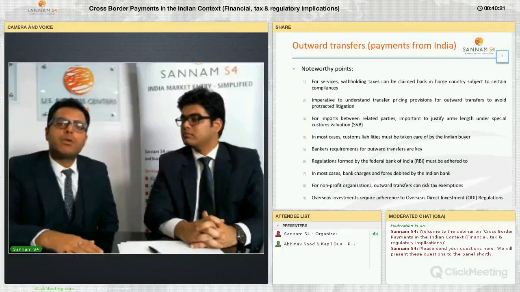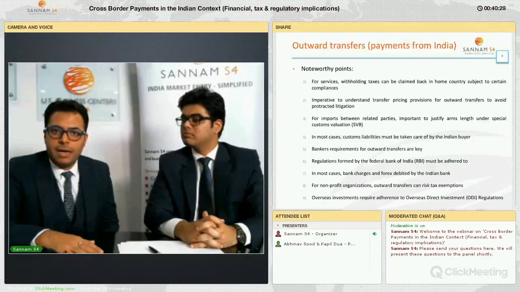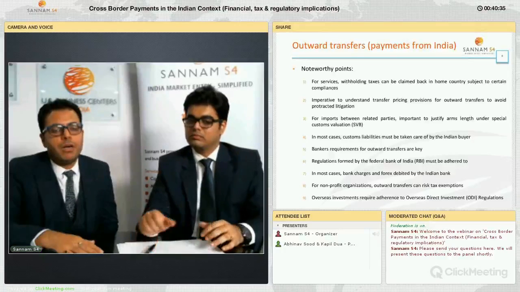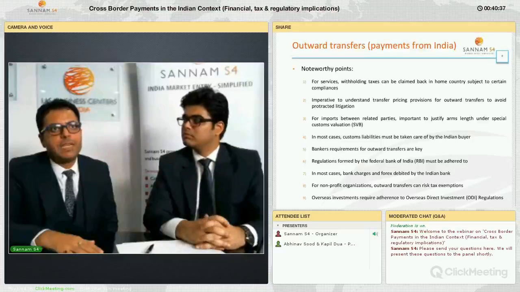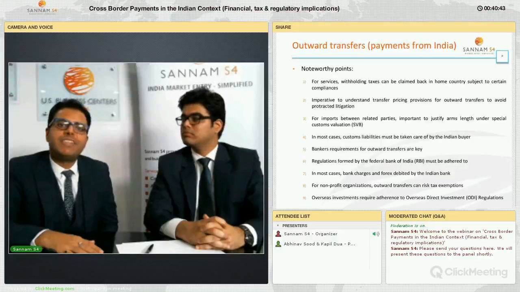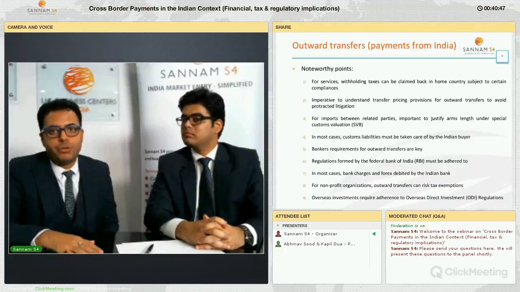So whenever a payment goes from the Indian company as equity capital for the further down-level subsidiaries in other regions out of India, it has to be as per the overseas direct investment regulations of India. For example, an Indian company can invest up to 400% of its net worth in overseas subsidiaries.